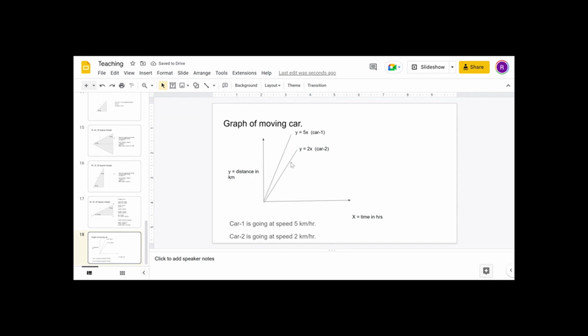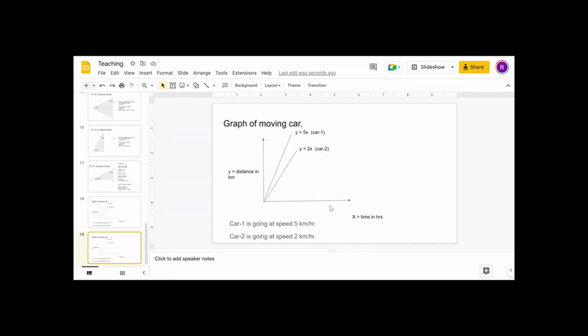Okay. Now, suppose I give you a car which is not moving with a fixed speed. Its speed is changing.